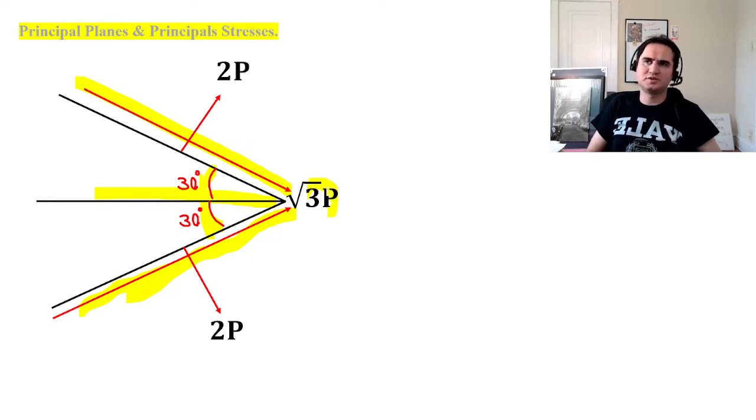The shear is square root of 3 times p and a normal stress of 2p applies at each of those plates.